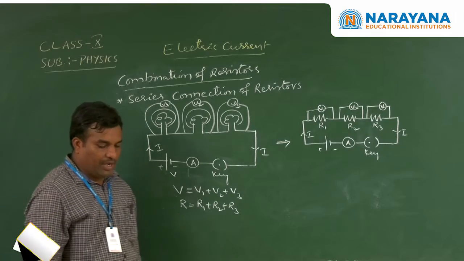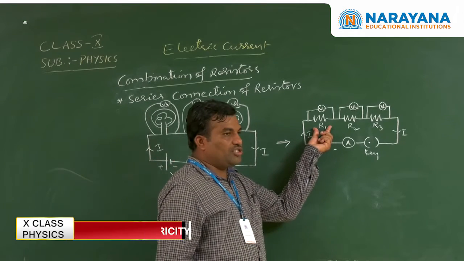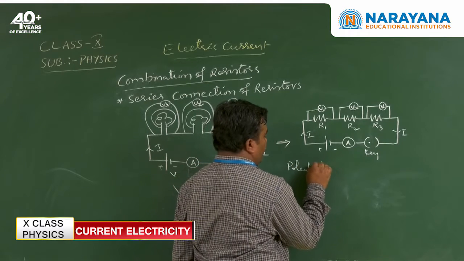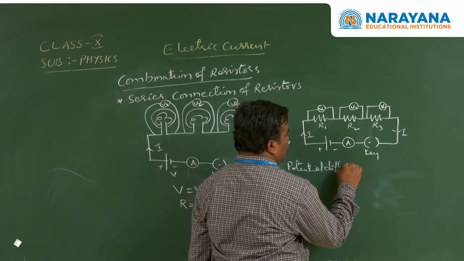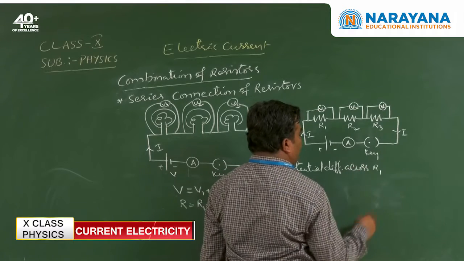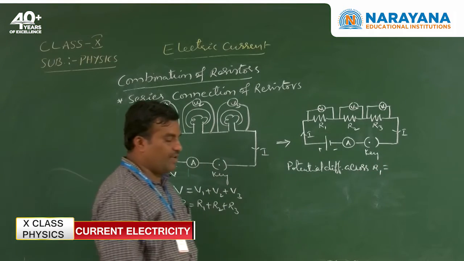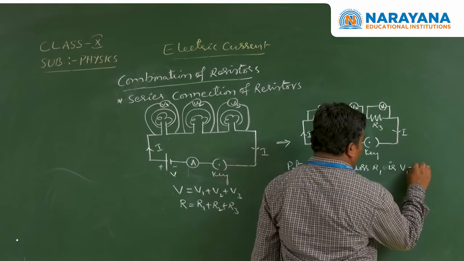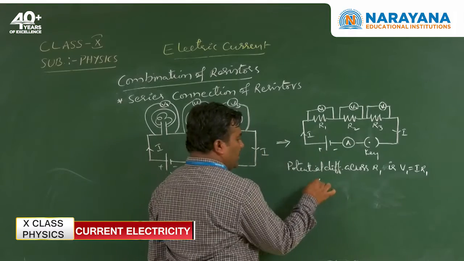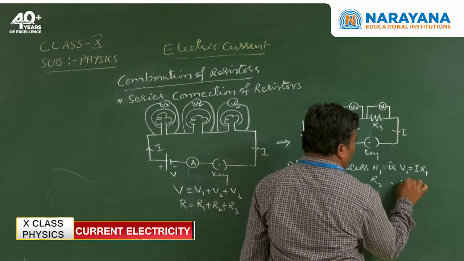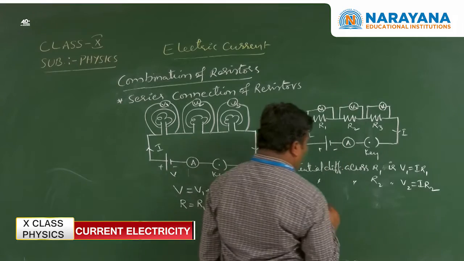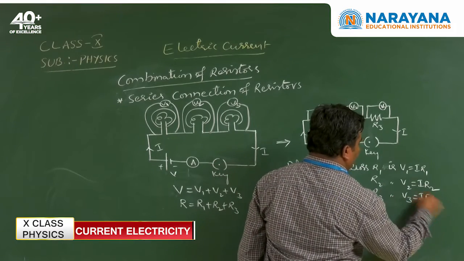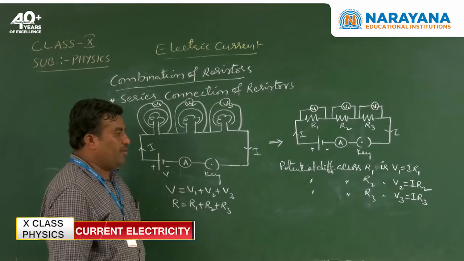Now we can write the potential difference across R1 as V1 equals IR1, across R2 as V2 equals IR2, and across R3 as V3 equals IR3.